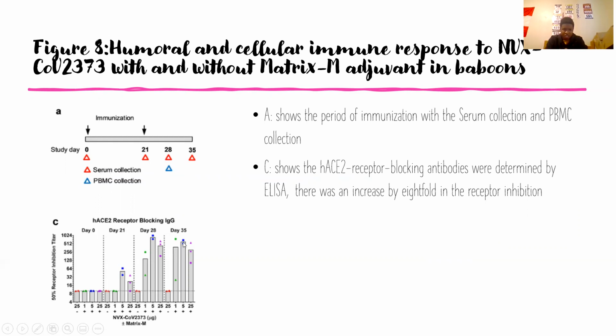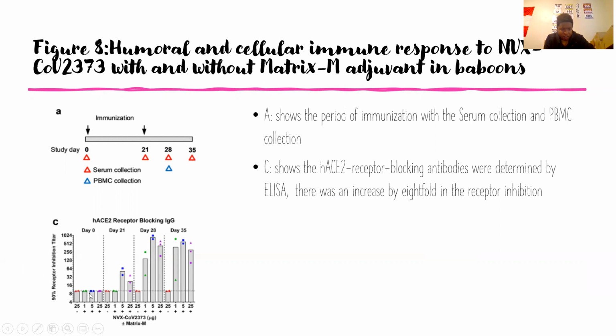The figure shows the receptor blocking antibodies in the baboons were measured through a program called ELISA, and it was shown that there's an increase by 8 folds in the receptor inhibition.